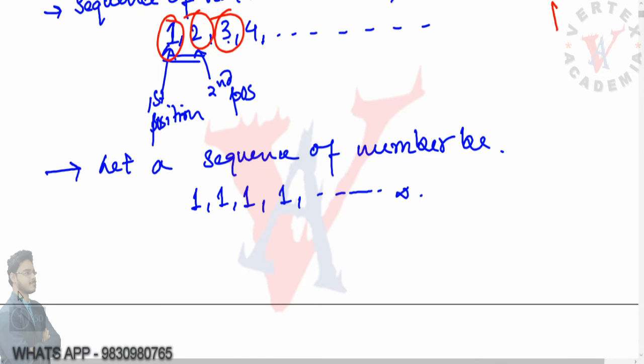Here you can see this is a sequence of numbers where all the elements are the same, but this one here is different from this one here.